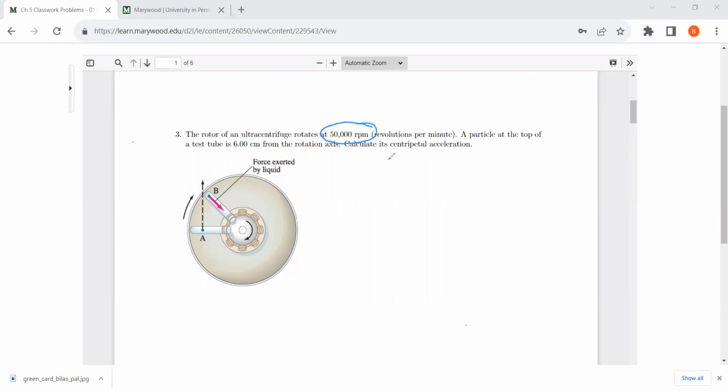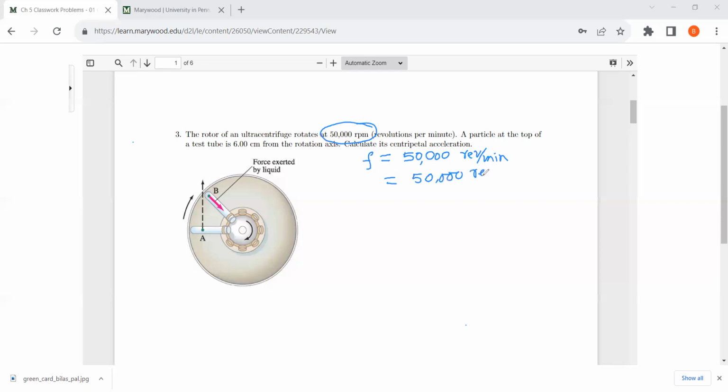Revolutions per second is the frequency, so this is basically frequency, but given in rev per minute, which is not useful. So we have to convert minute to second.